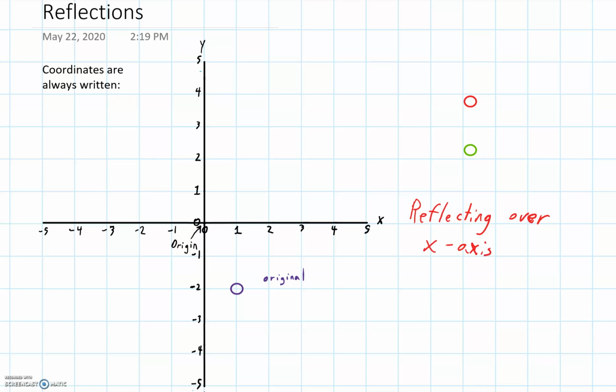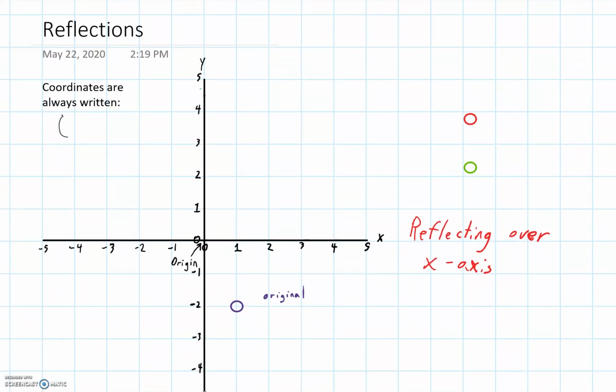So what we're going to do here is, first of all, we're going to recall that coordinates are always written x, comma, y, in brackets like this. So that's very important. So let's get the point here for the purple.